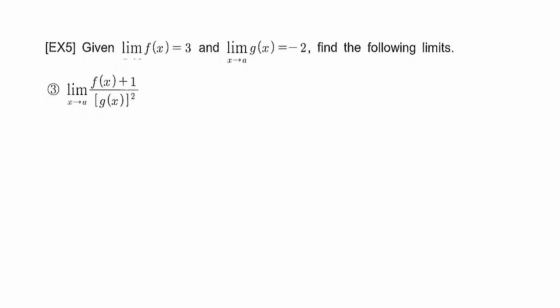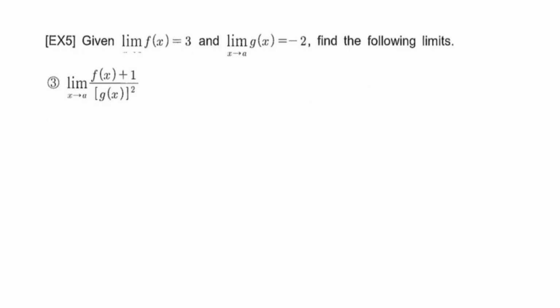Yeah, so these questions aren't too bad. You just have to apply the limit properties, and it's mostly distributing. So in this case, we have a limit sign, and we can distribute that onto the 2 terms on the numerator, and we can distribute that onto the denominator.